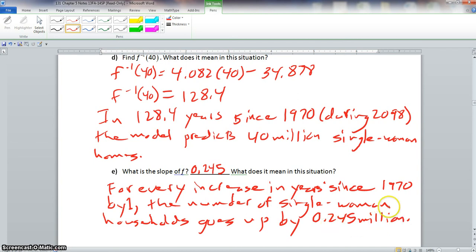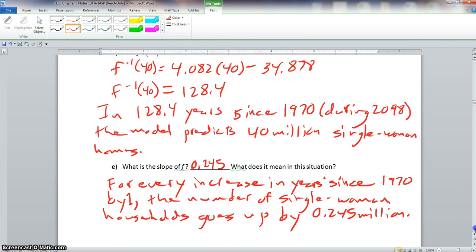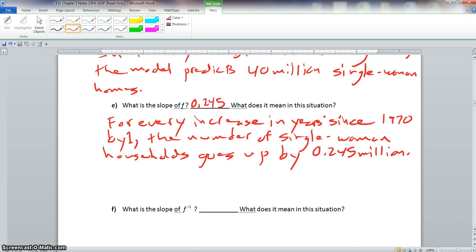And you know that actually means 245,000. So that is what that slope means.